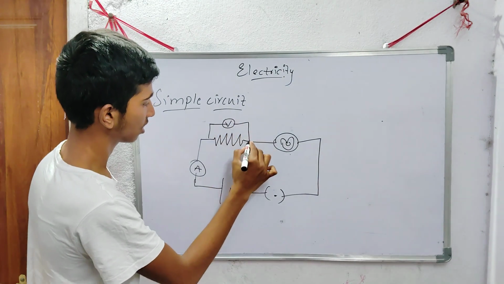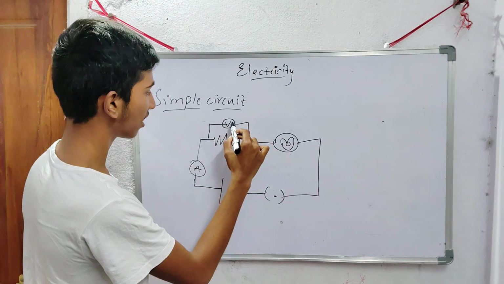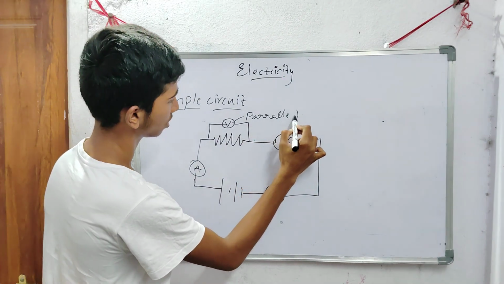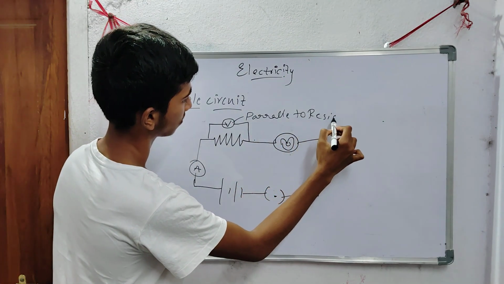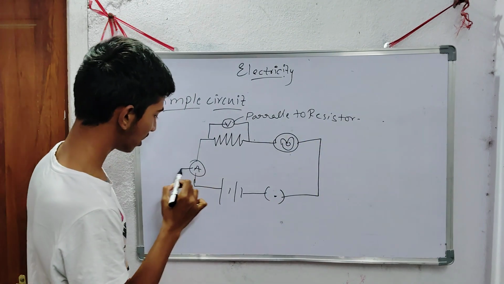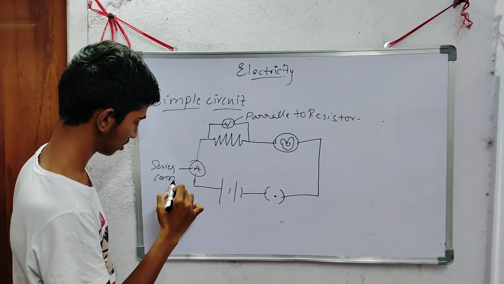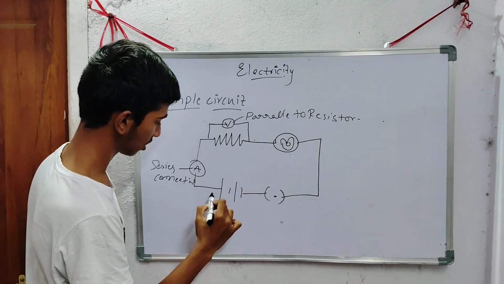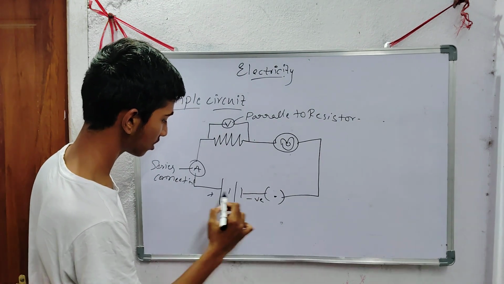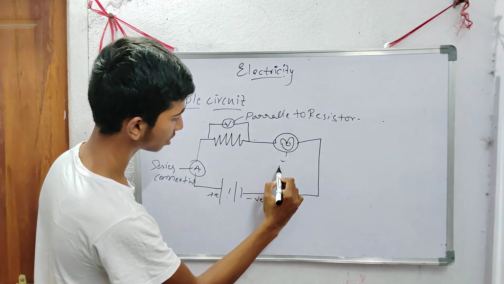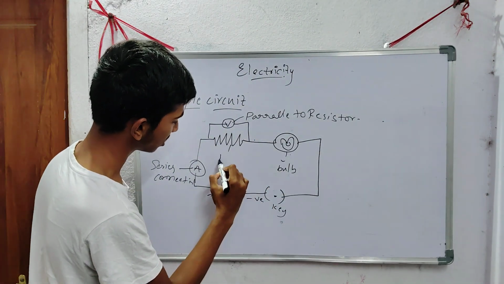Here we can see that the voltmeter is connected in parallel to the resistor, and the ammeter is connected in series. This is positive, this is negative. And this is a battery, this is the key, bulb, and the resistor.